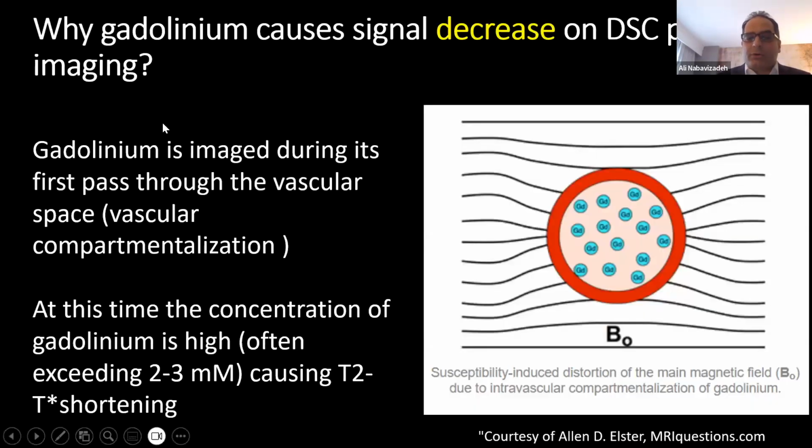So here's how it works, as I mentioned, because of the first pass. This is echo planar, so very rapid imaging. And so during that time of rapid imaging, gadolinium will be limited to the intravascular space and have high concentrations. And that's why we have signal drop. And that's the T2 star-weighted imaging.